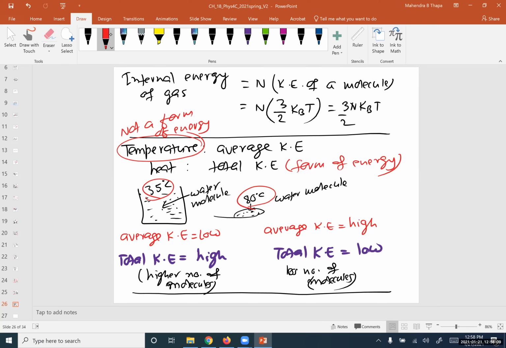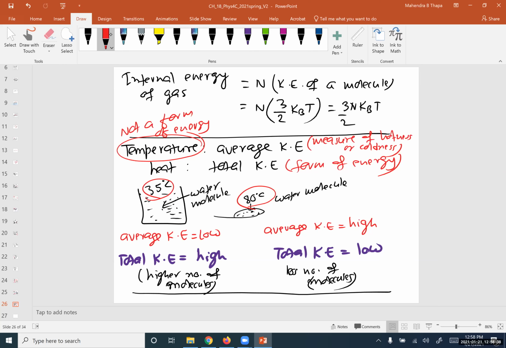It only measures the average kinetic energy. This means it is a measure of degree of hotness or coldness. So I'm just making sure that if you write temperature equals average kinetic energy, this will be wrong.